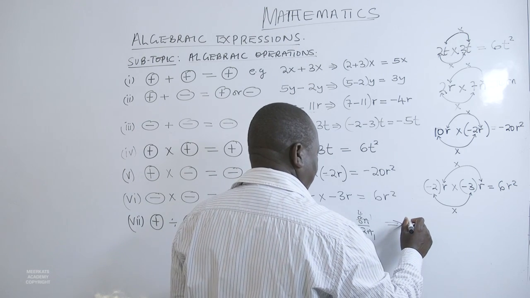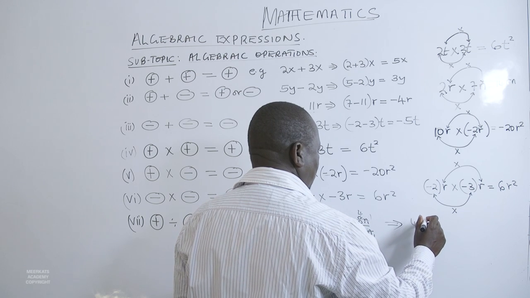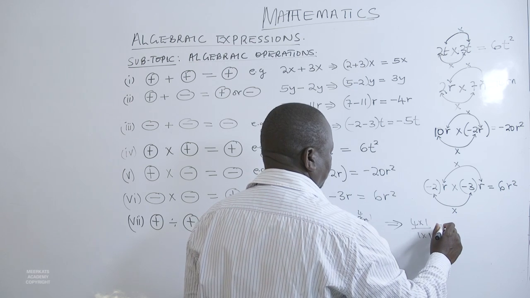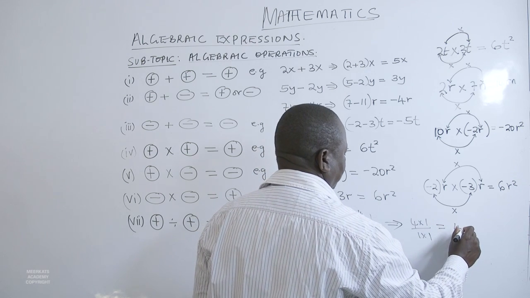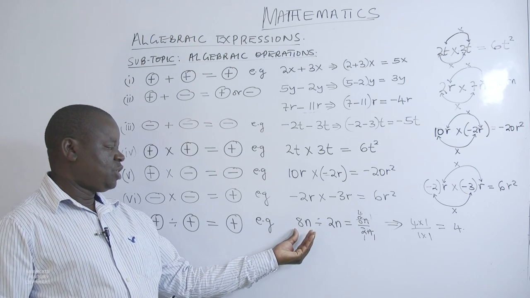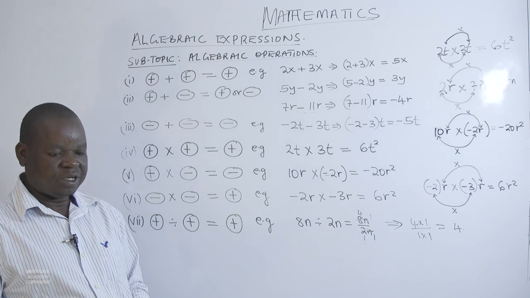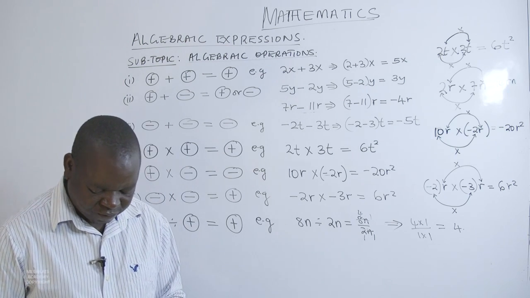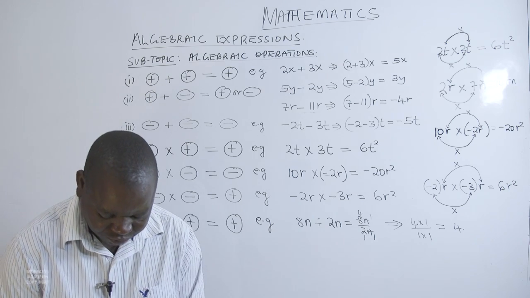So we get 4 times 1 all over 1 times 1. So we get the result as positive 4. That is positive divided by positive. Let's look at positive divided by negative.